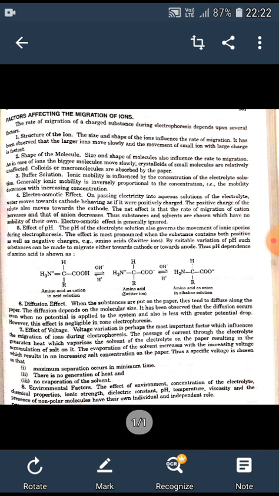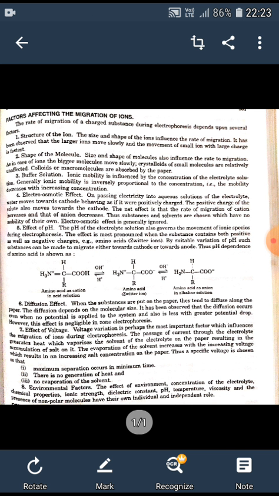The next factor is the effect of voltage. Voltage variation is the most important factor which influences the migration of ions during electrophoresis. The passage of current through the electrolyte generates heat which vaporizes the solvent of the electrolyte on the paper, resulting in the accumulation of salt on it.